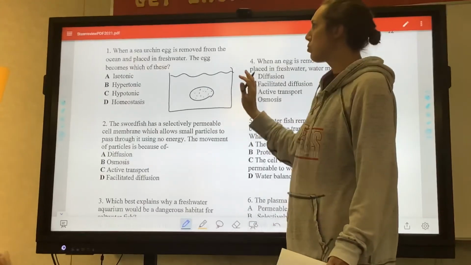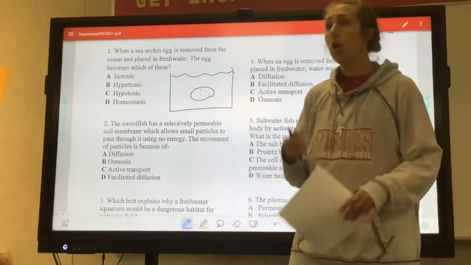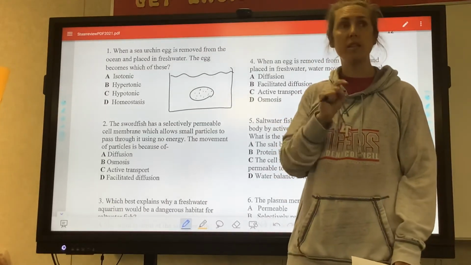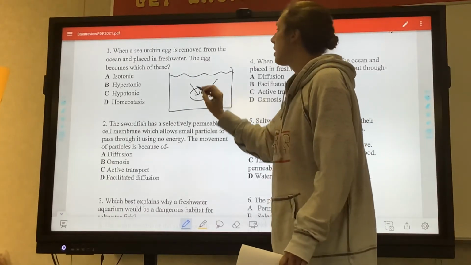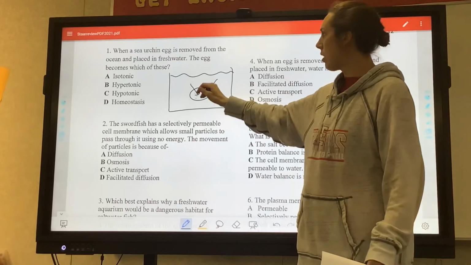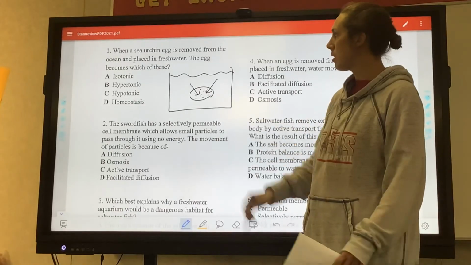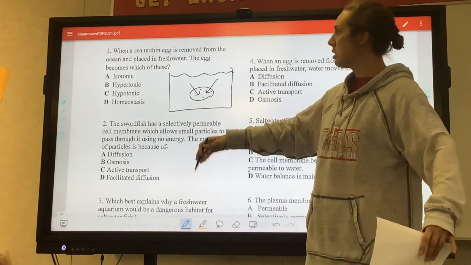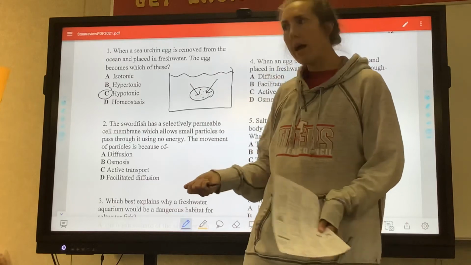The egg becomes which of these? So, water goes to the particles, water goes to the party. Which direction is the water going to go? Into the egg or out of the egg? Yeah, because look at the party, all the little particles, that's where we want to go, to the party. So what is the shape going to be? Big. What is that called? Hypo. Good. So, when in doubt, draw it out, okay?